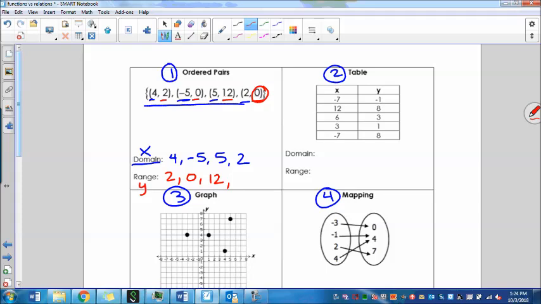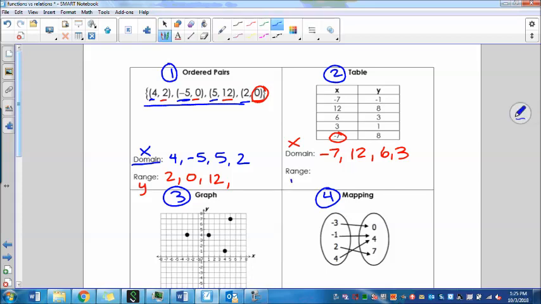Okay, for our table, we're going to write our domain and range the same sort of way, following the same rules. So our domain is our x value. So we've got -7, 12, 6, 3, and then we have another -7, but I'm not going to write it because we already wrote -7.